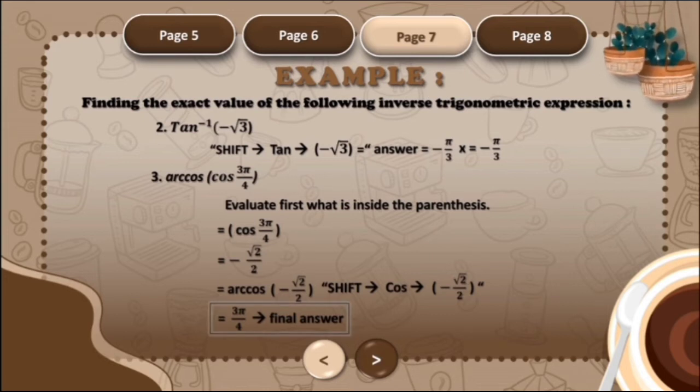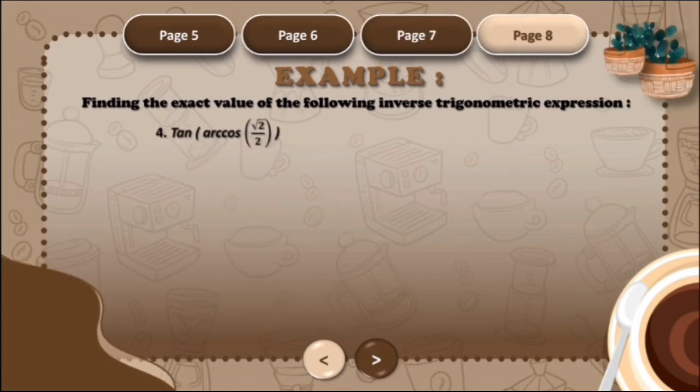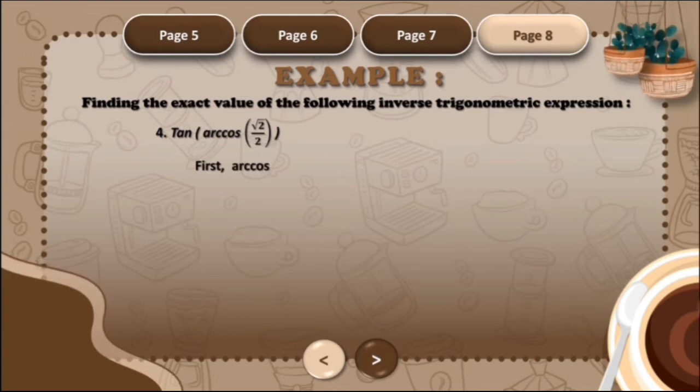I'm sure you already know how to derive the next example, which is item number 4. Nevertheless, let us still give it a shot so that it is clear for all of us. So, as we did on item number 3, let us first evaluate what is inside the parenthesis. So, first would be arc cosine times the quantity of square root 2 over 2, then hit the equal button and your answer would be pi over 4.